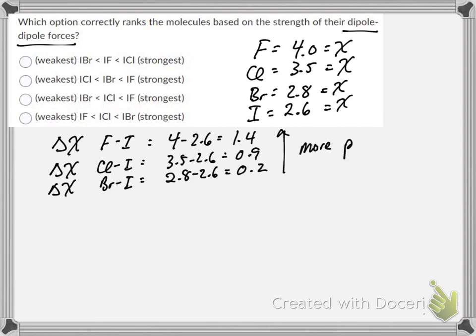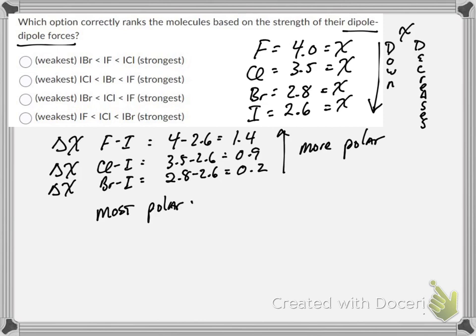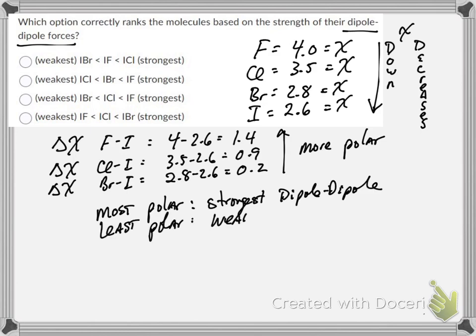So we can see that the most polar is the fluorine-iodine. We didn't really need the chi individually because as we go down a column, chi decreases. So we would expect the most polar bond to form the strongest dipole-dipole attractions, and the least polar bond to have the weakest dipole-dipole attractions.